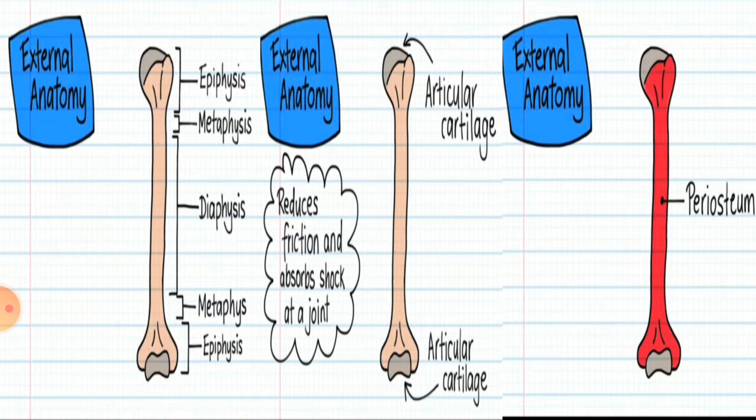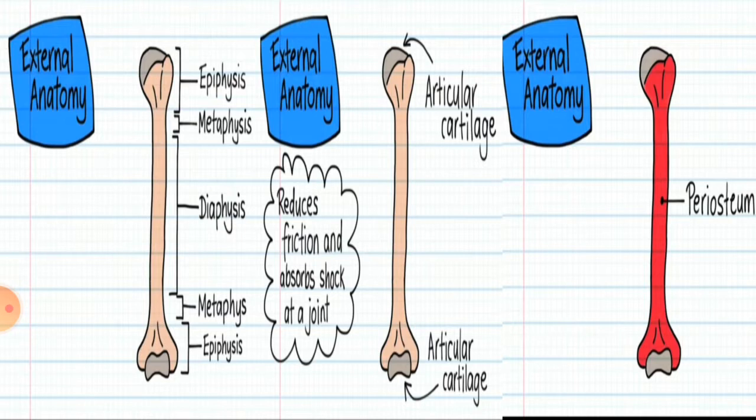And the second important thing about the primary ossification center is that they develop in the diaphysis. The next is the secondary ossification center, and secondary ossification centers appear after the birth, and the part where they develop is epiphysis.